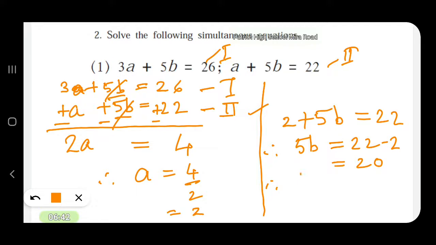Therefore b, dividing both sides by 5, we get b is equal to 20 divided by 5. So 5 4s are 20. So we have b is equal to 4. So the values are a is equal to 2 and b is equal to 4.